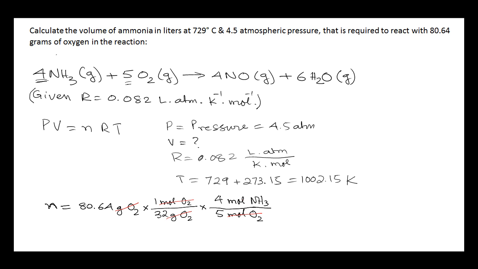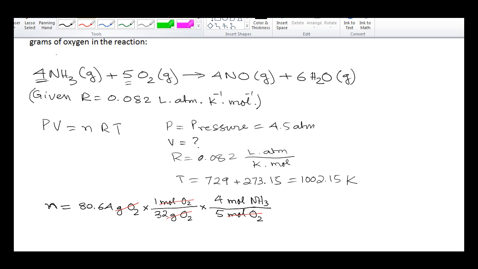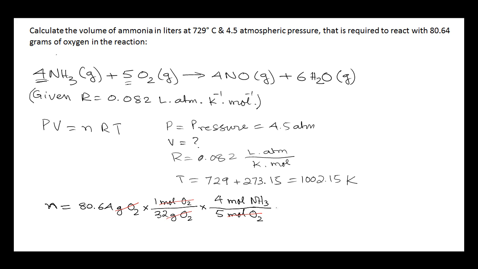So we are only left with the mole of ammonia. So now with that, I can write down the amounts, which is 80.64 over the first one, and then we have the second one 1, and the third one is 4, and in the denominator we have 32, and then we have 5, and the unit that we have is the mole of ammonia.